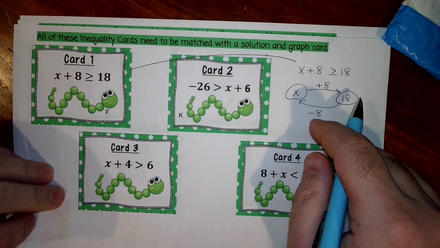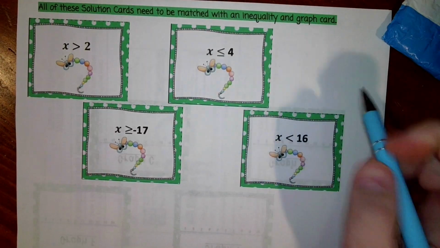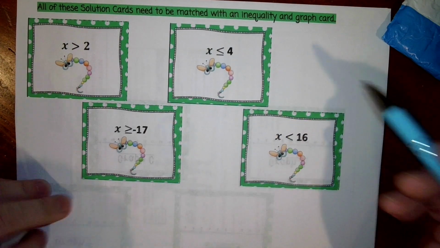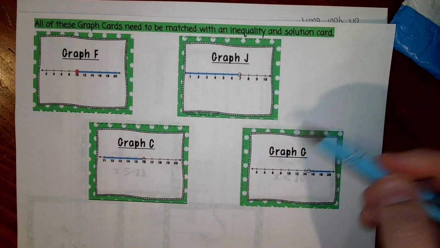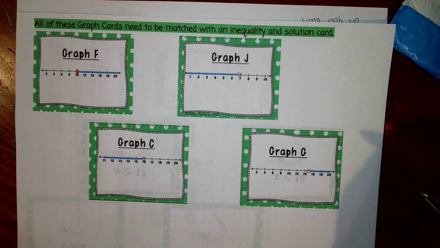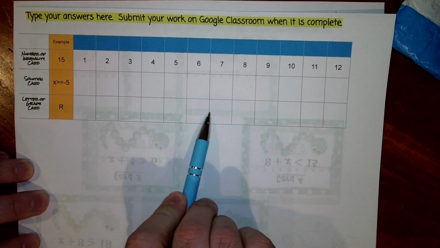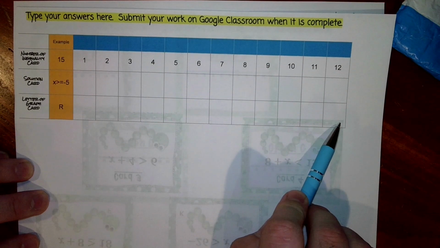Then you would go and find the solution card, and then find the graphing card that goes along with it. And that's what we're going to be checking off, to make sure that these are all written correctly and that all of your graphing cards are listed correctly.